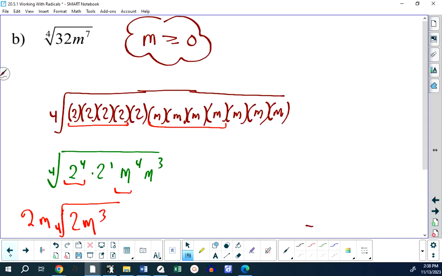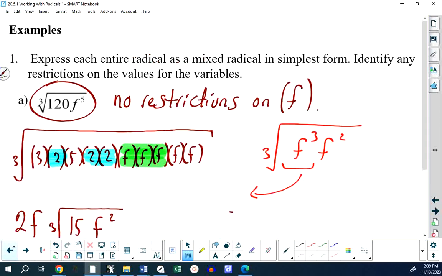Let me write both of those down. So here's B. I'm telling you there is a restriction. There is a handcuff being placed on what you are allowed to do here. And you are not allowed to put a negative number in for m in that expression. But in this expression, which is on the screen on the left, you are allowed to put in any number, including negatives.